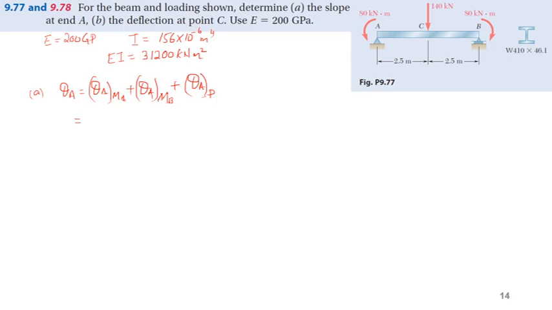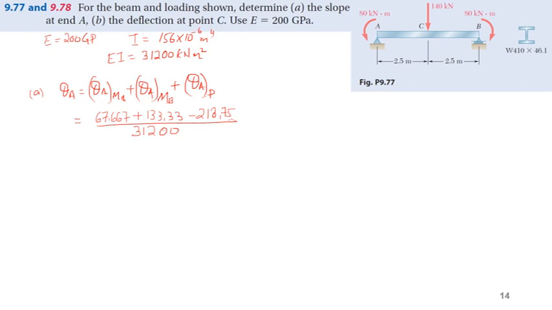So that is 67.667 plus 133.33 minus 218.75, and all these values are in kilo, divided by EI. We don't need to write kilo because the above values are already in kilo, so kilo will cancel.